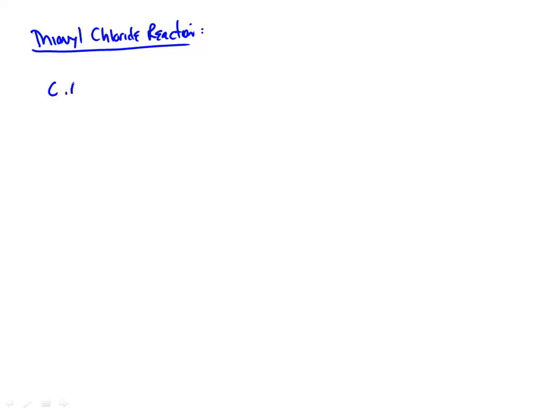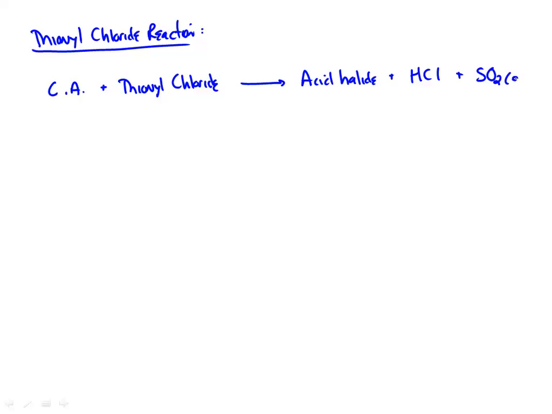So if we take a carboxylic acid plus thionyl chloride, and we'll put down the formula for thionyl chloride in a second, then we're going to get what's called an acid halide plus HCl plus SO2 gas always.